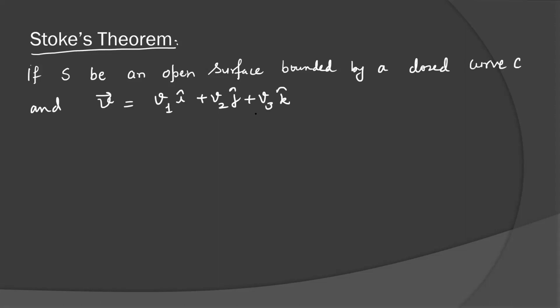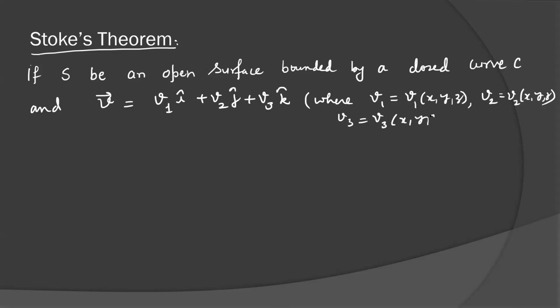V is actually any vector function where V1, V2, V3 are scalar functions of x, y, z. And V3 equal to V3 of x, y, z.